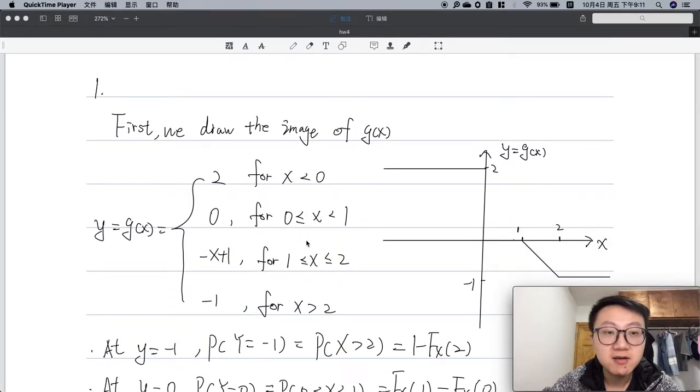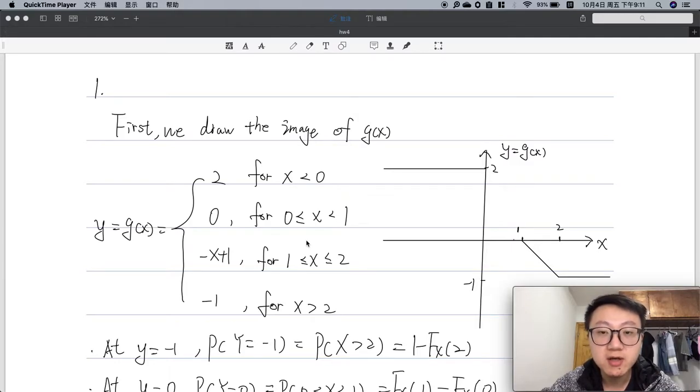Question 1 is to find and draw the image of the probability distribution function of y and the probability density function of y in terms of the probability distribution function of x and the probability density function of x.